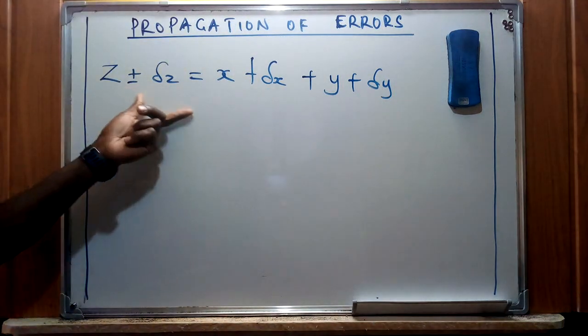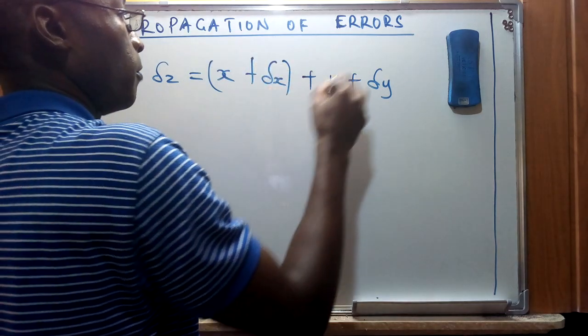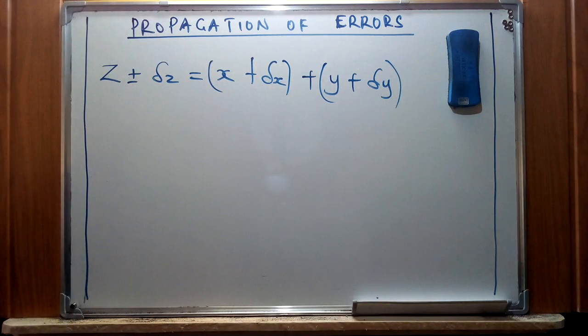So this is the summation of our errors. We have x and y being added to come up with the sum for z.